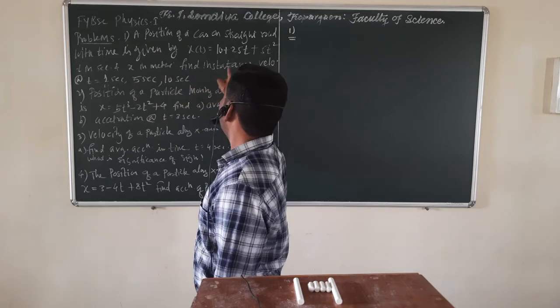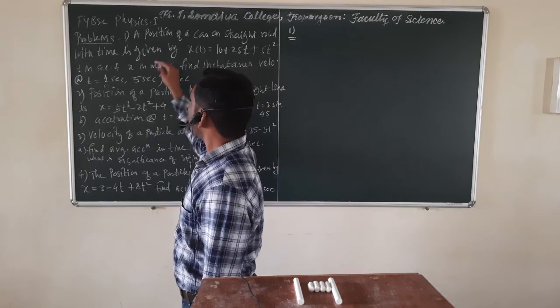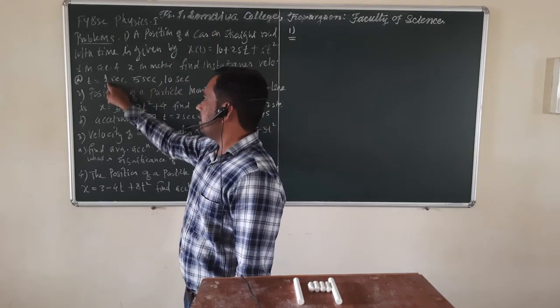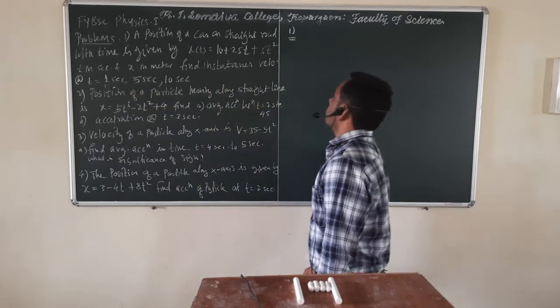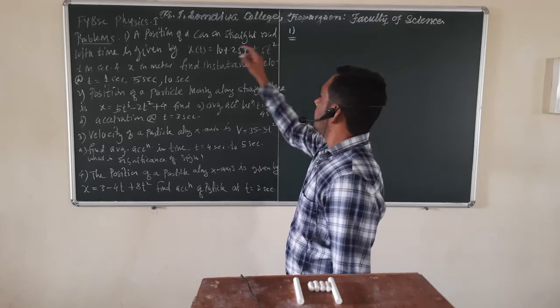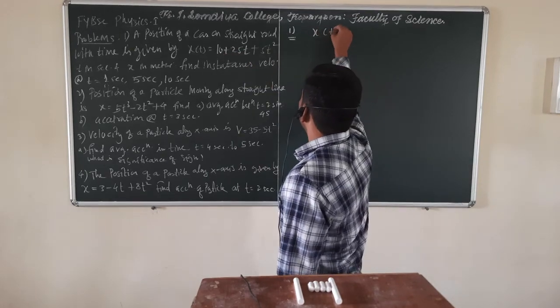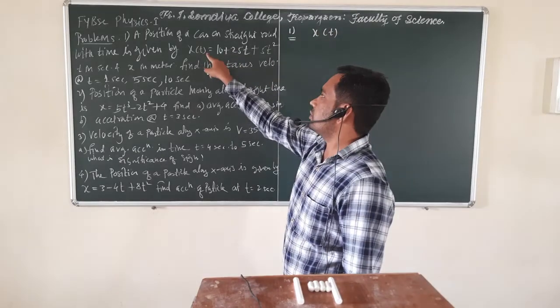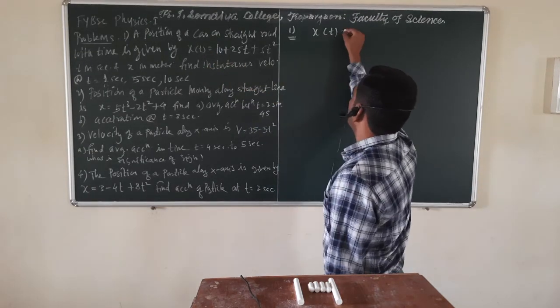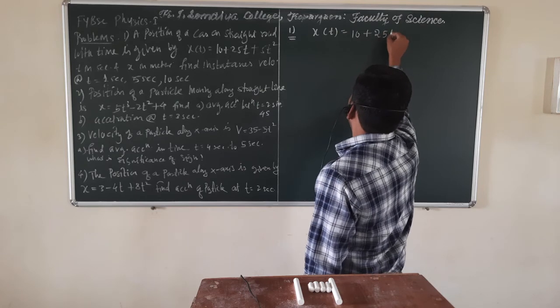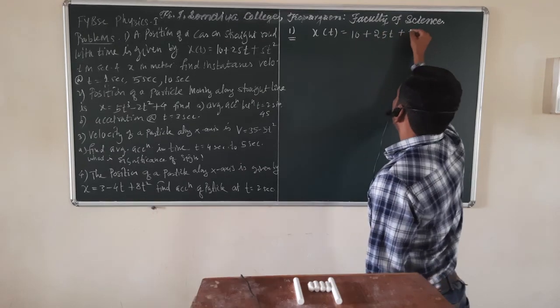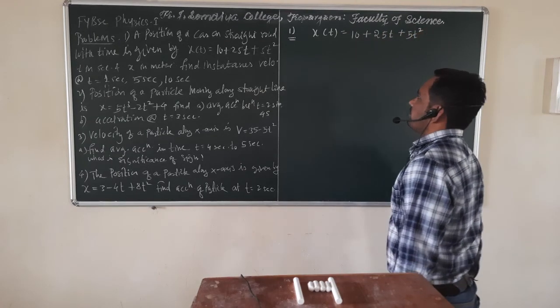So we have to find the instantaneous velocity of this car at time t equal to 1 second, 5 seconds and 10 seconds. Okay, so first of all, given is x, the instantaneous position, which is a function of time t, as x of t is equal to 10 plus 25t plus 5t square.